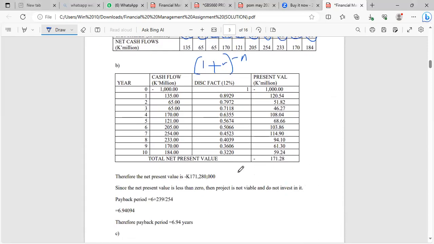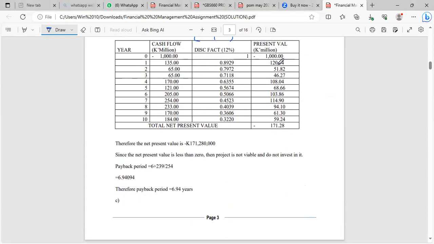So our net present value is equal to the sum of the cash flows. You add all these ones.